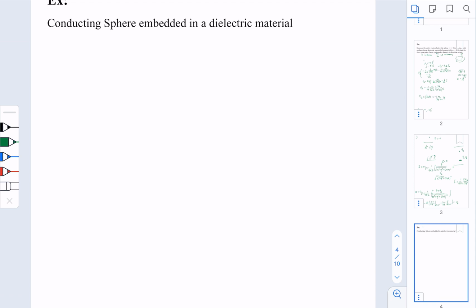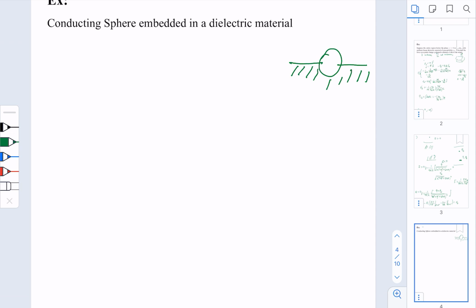So now let's take another look at another problem. Here we have a conducting sphere embedded in a dielectric material, and the nice property is that this one goes straight through the center of this conducting sphere.